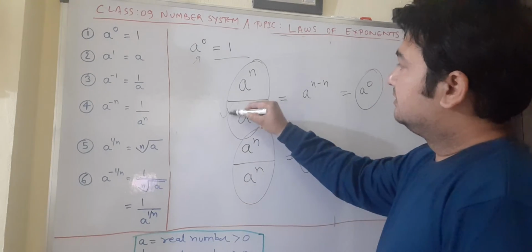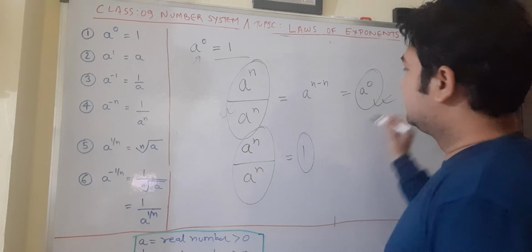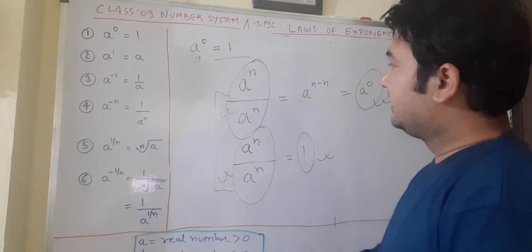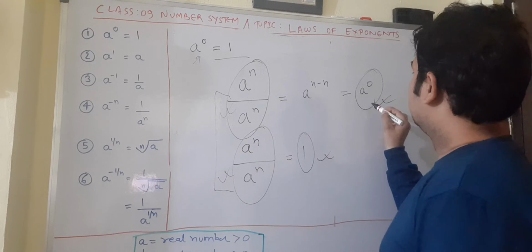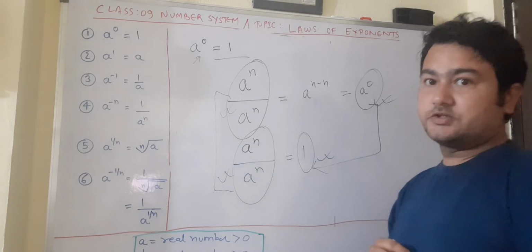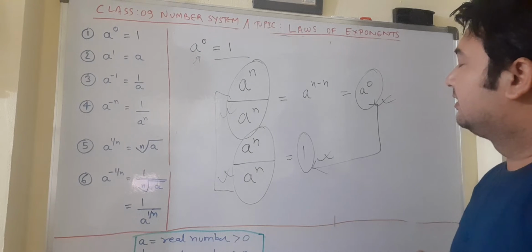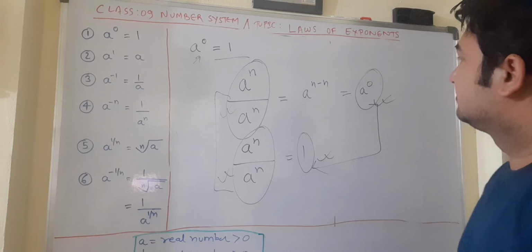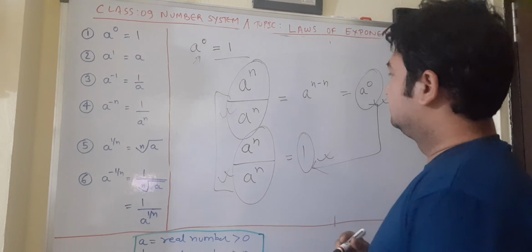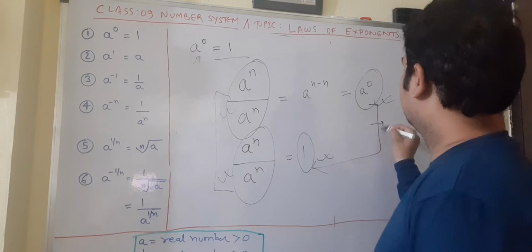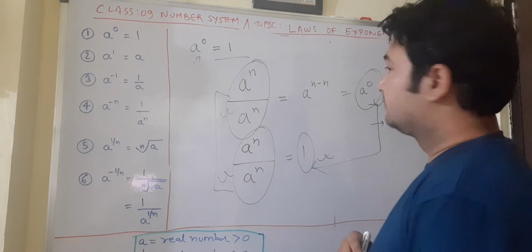So this is equal to this, these two are the same, so the value will also be the same. a raised to the power 0 equals 1. Clear?